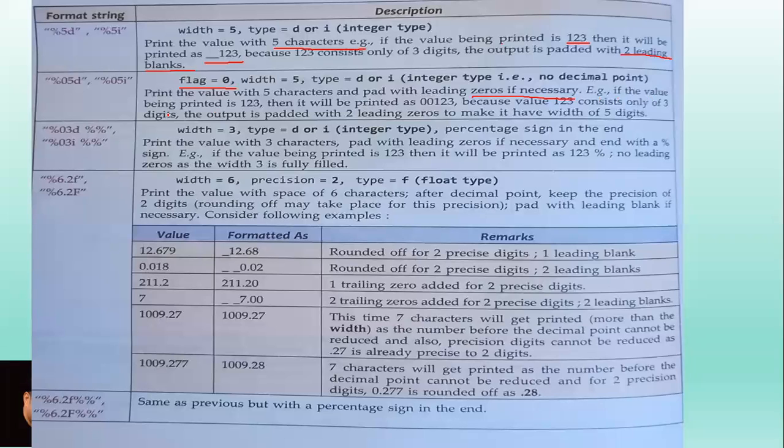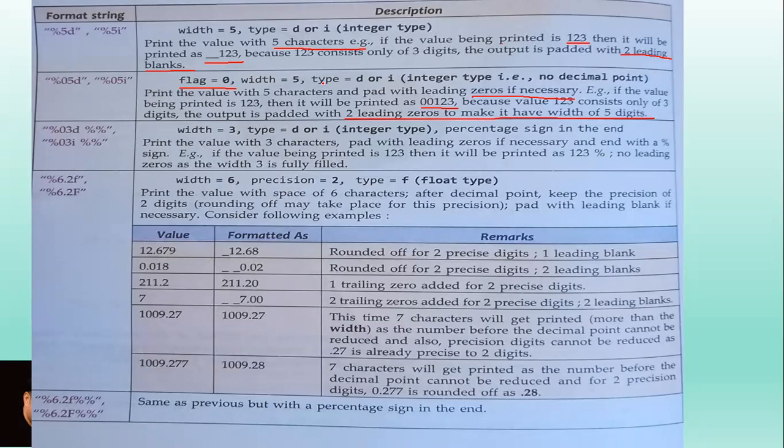For example, if the value being printed is 123, then it will be printed as 00123. In the above case, there was no flag, so it was padded with leading blank spaces. But if you write 0, it will be padded with 0. So I think it is clear now. Because the value 123 consists of only 3 digits, the output is padded with 2 leading zeros to make it have a width of 5 digits.